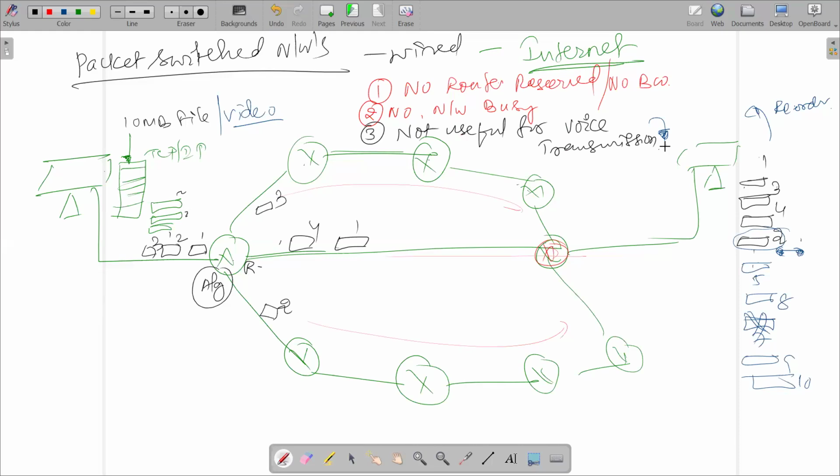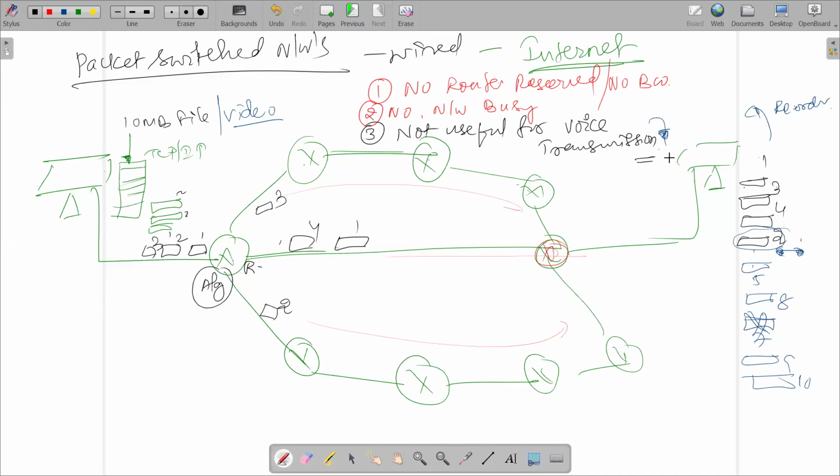Not useful for voice transmission because if some packets are missing or delayed, voice cannot be delayed. When I talk, whatever I am talking should reach you instantly. It should not be delayed 1 second or 2 seconds or 1 minute. So that is the drawback of this network.